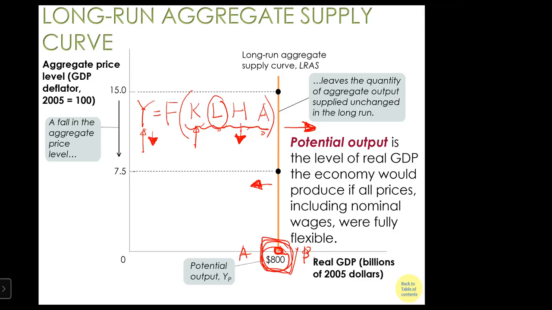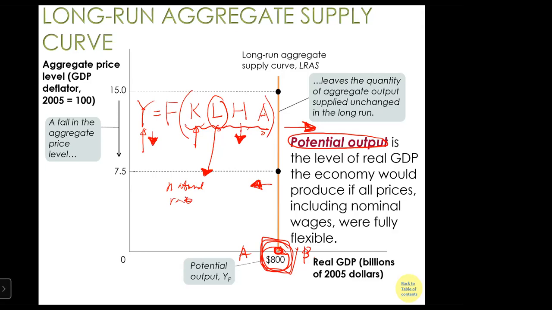Okay, and so when we say potential output, the level L, the economy is operating at the natural rate of unemployment. Remember, we talk about the unemployment rate, so what is the natural rate?